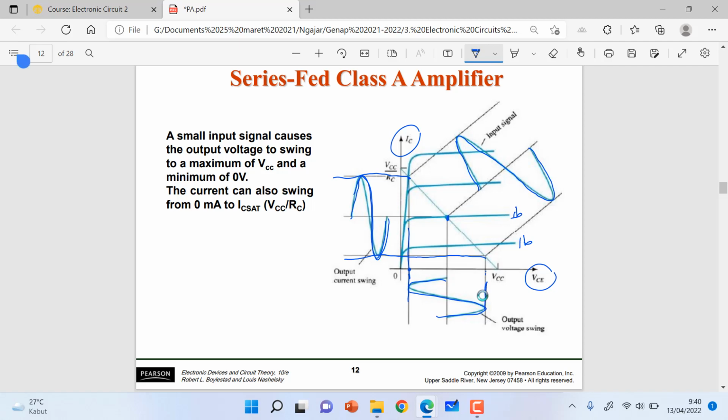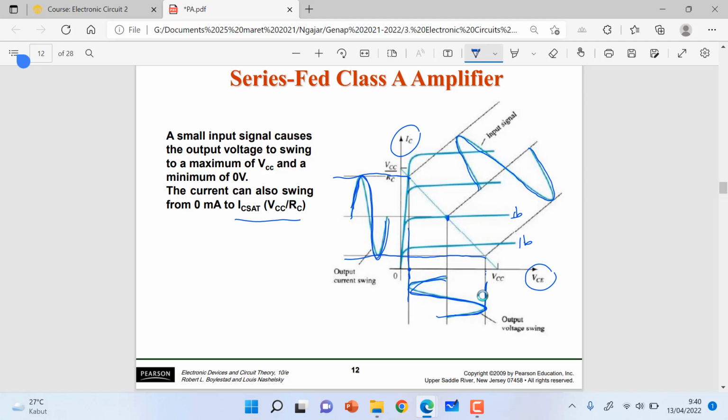So the current will swing from 0 to the IC saturation, which is VCC per RC. And the output voltage swing will swing from the threshold to the maximum output voltage here. Okay, so this is how we illustrate the class A amplifier.